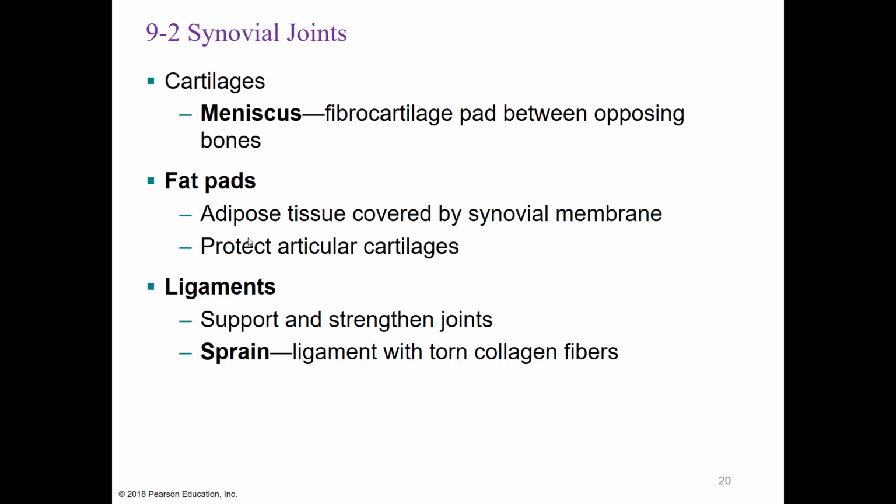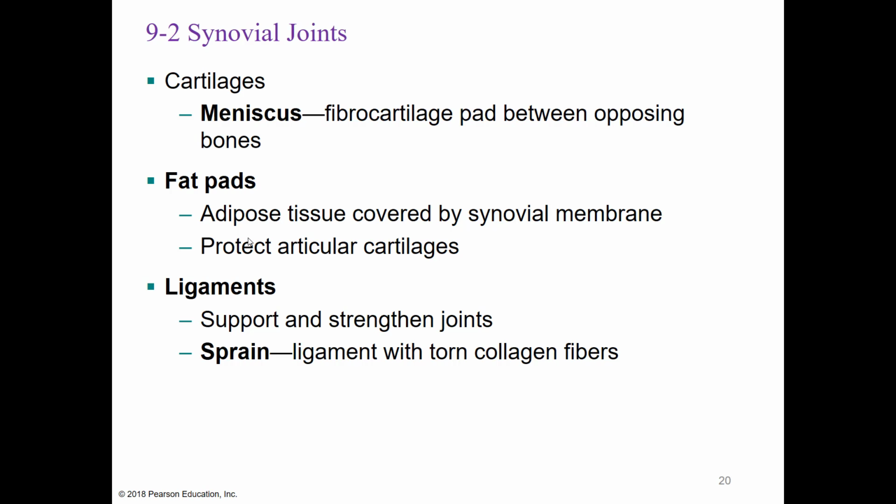We'll find ligaments that will support and strengthen the joint. Sometimes you may have heard about someone getting or having a sprain, which is essentially when ligaments have torn collagen fibers in them, and that can cause pain and soreness within the joint.